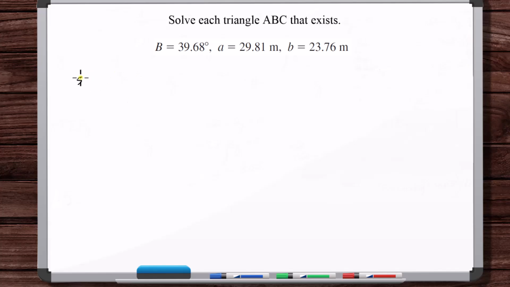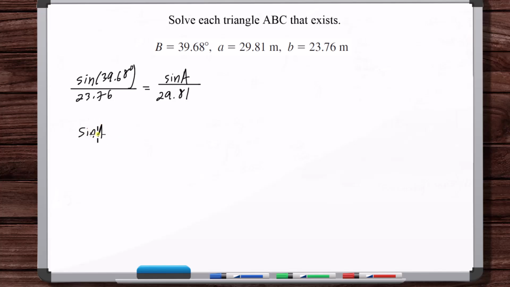So sine of 39.68 over 23.76 is equal to sine of A, which is the main angle we're looking at here, over 29.81.